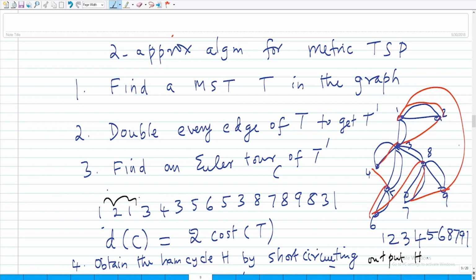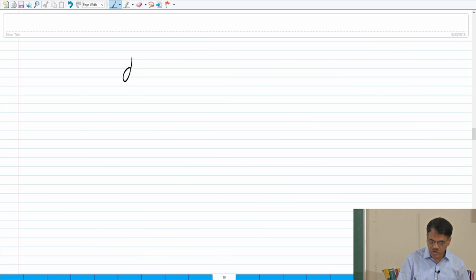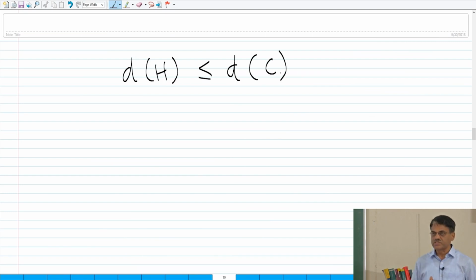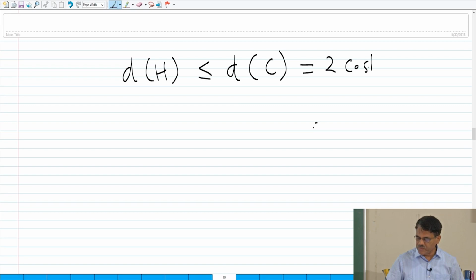From 1 I went to 2 and then instead of going through 1 to 3 I directly went to 3, and the triangle inequality tells me that that distance is shorter than 2 1 plus 1 3. So, if you keep following that, the final Hamiltonian cycle I have produced is at most the total distance traversed by this Eulerian tour, which I already argued is exactly equal to 2 times the cost of the minimum spanning tree.